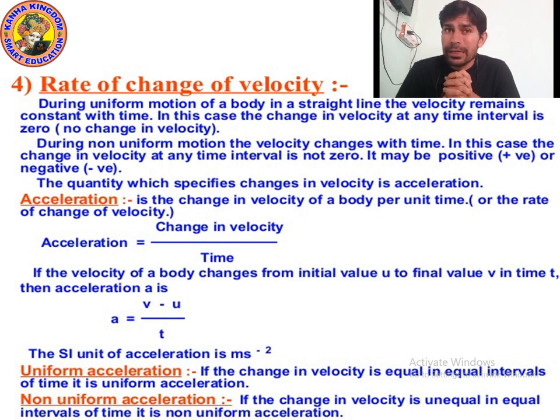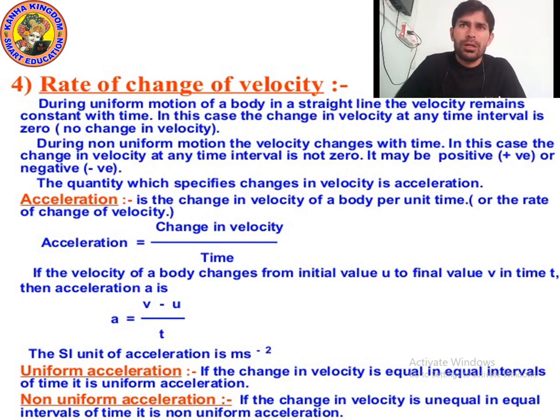Acceleration is denoted by a, and velocity is denoted by v and u. Initial velocity is denoted by u, final velocity is denoted by v. Sometimes initial velocity can be 0, sometimes final velocity can be 0. So the formula is a is equal to v minus u upon t. I hope you understood about rate of change in velocity.